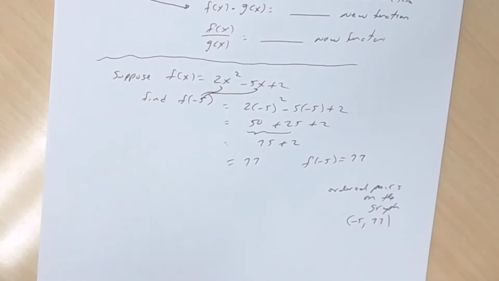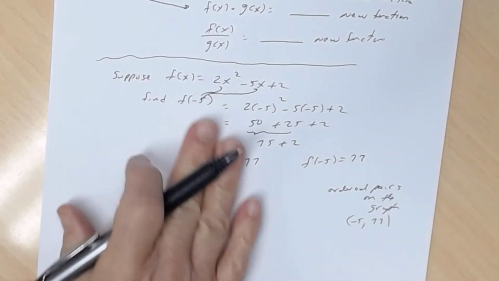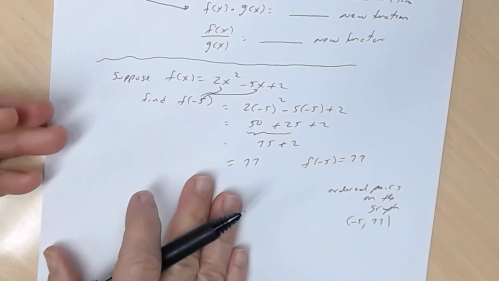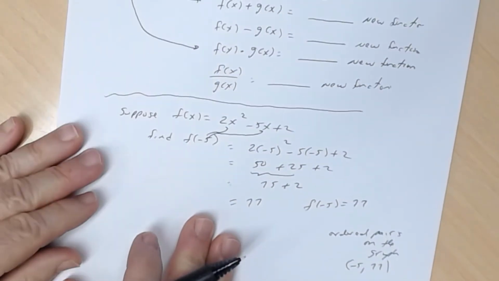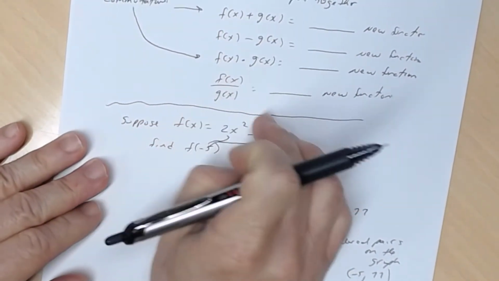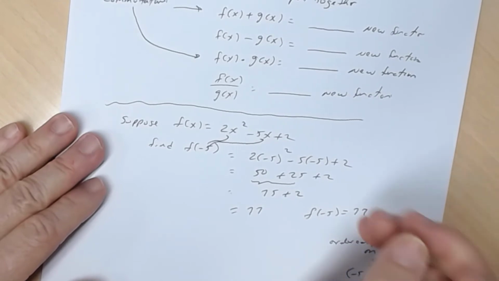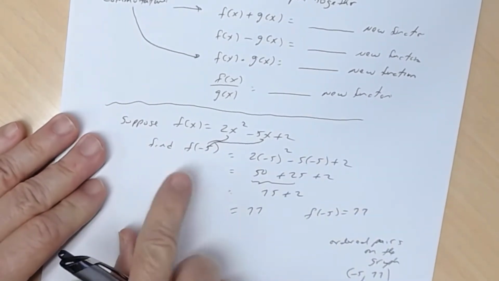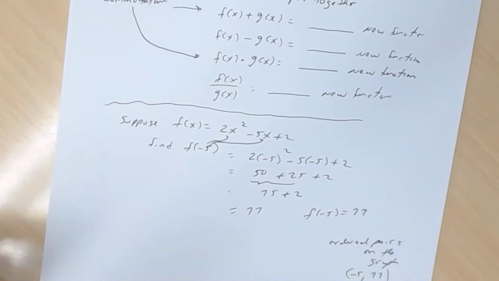That's one of the things that you just found. Now, what's going to happen is this. You're going to be given two functions and you're going to be asked to either add, subtract, multiply, or divide. Sometimes you're going to be asked to do that at a specific value for x, and sometimes you won't. You'll see how that's going to look.